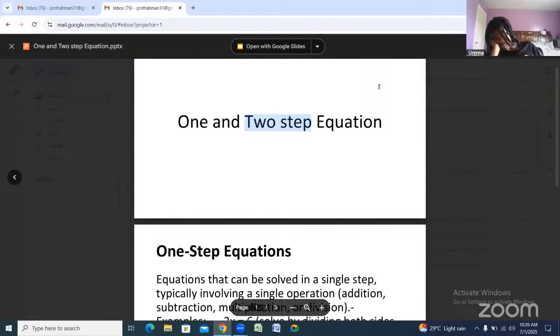Okay, so in this case, divide both sides by 5. So that 5y divided by 5, 30 divided by 5. So the value of y is 6.